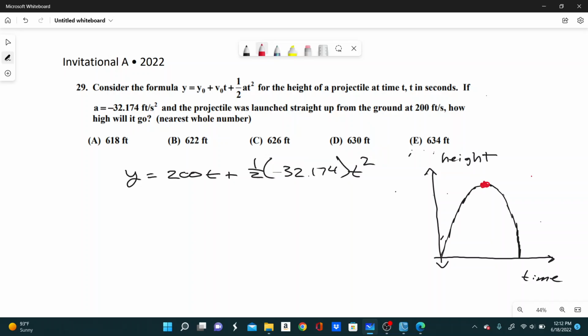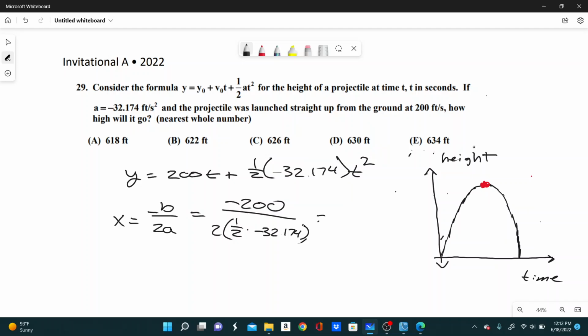To do that, we can use properties of quadratics. We know that the x-coordinate will be at x equals negative b over 2a. So negative b would be negative 200, and 2a is 2 times 1/2 of negative 32.174.